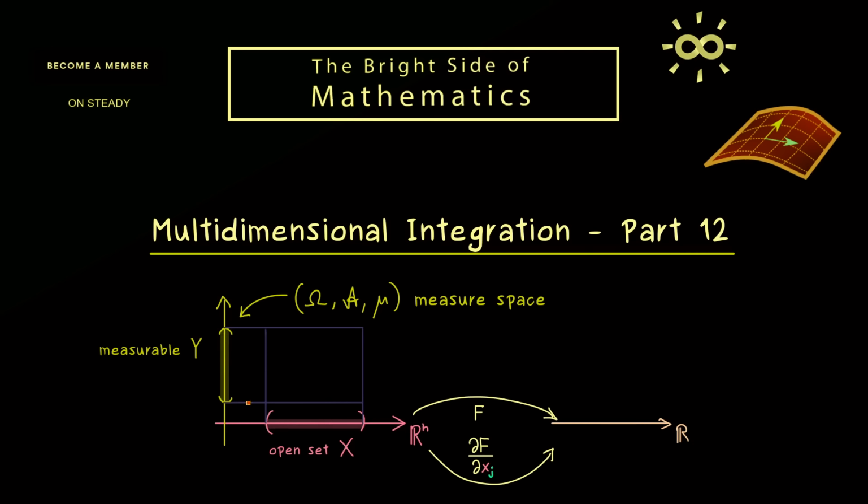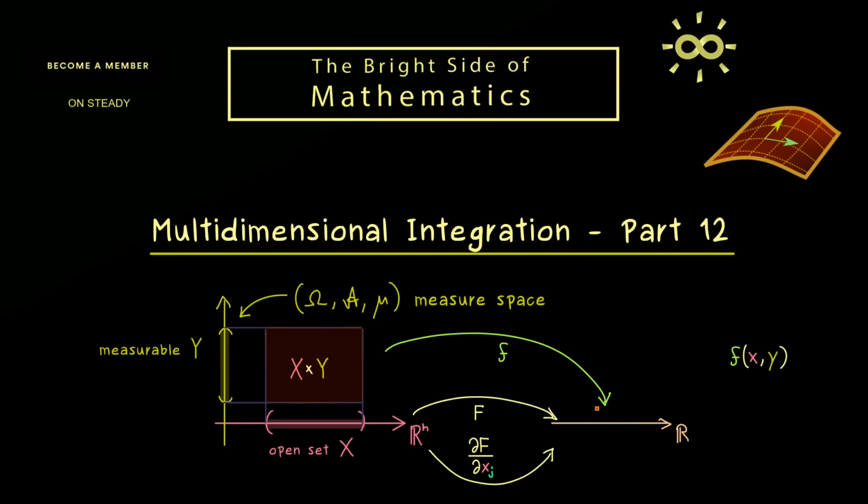But first, please note that we can easily consider the Cartesian product x with y. And this will be the domain of another function f. And maybe let's simply call this one lowercase f. And indeed, the two functions should be related, namely we would start with our lowercase f, and then by integrating over the set y, we would define our capital F. To make this more precise, let's say we consider f of two variables, x and y, and now for a fixed x, we just integrate over all possible y's.